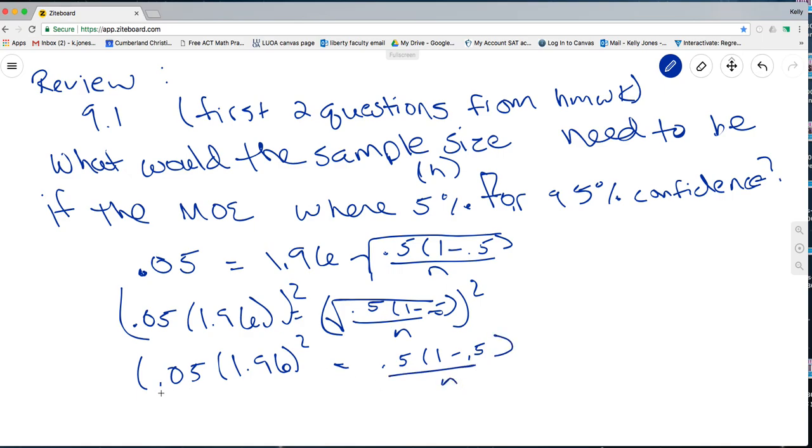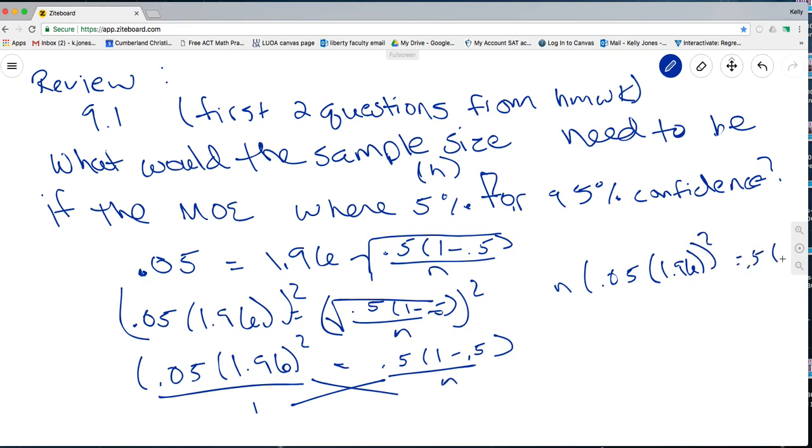And we cross multiply. So we get n times 0.05, 1.96 squared equals 0.5 and 1 minus 0.5. And then we divide everything over.